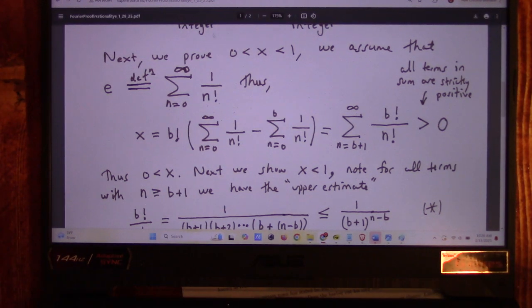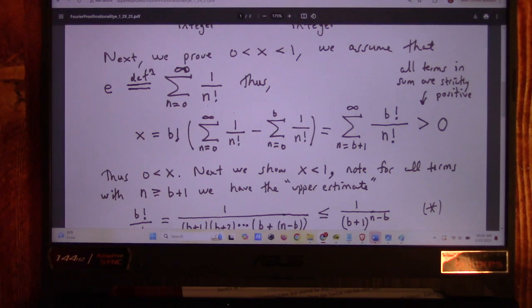Now we replace the e with its power series definition, and then we have the difference of these two. That just leaves us the tail of the numerical series, because we're subtracting off the start of it. So we're just left with the sum from b plus 1 to infinity.